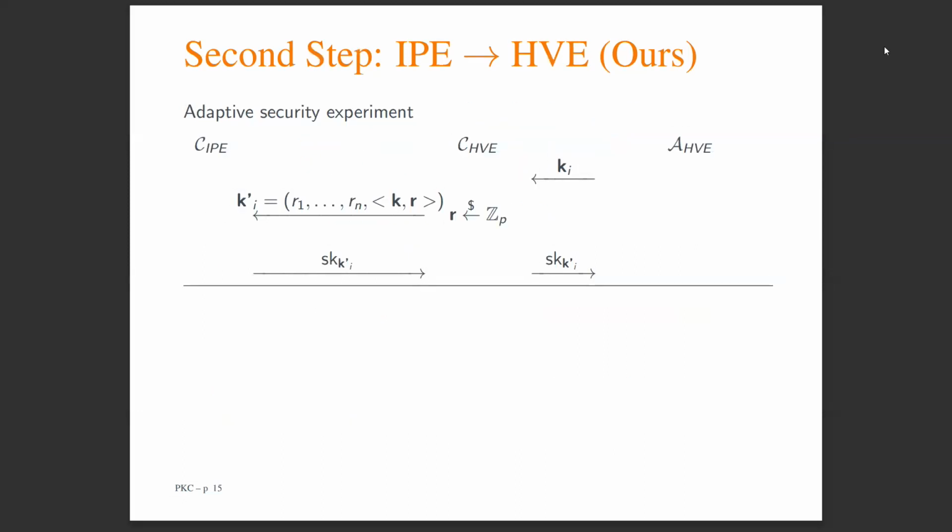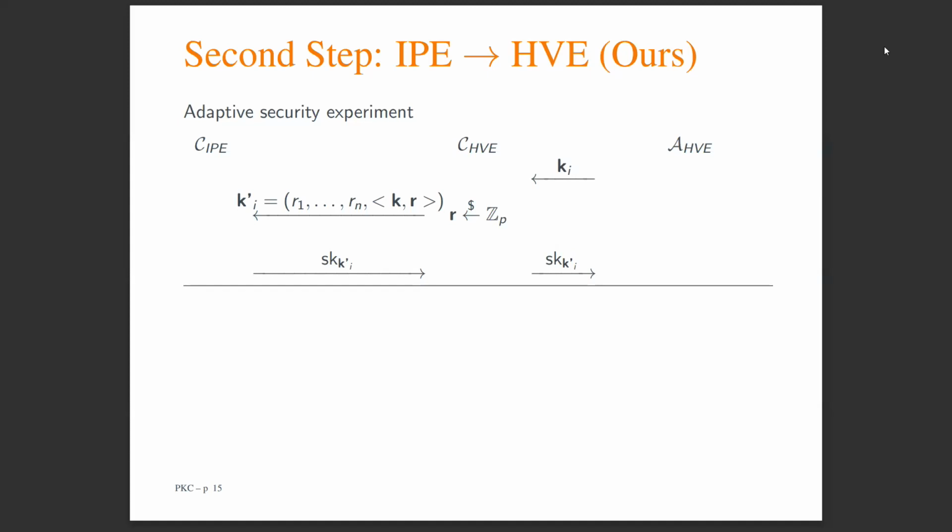Because if we look at this transformation, what we have is that at some point the adversary makes some queries in the hidden vector experiment. And these queries are transformed by our reduction, which adds some randomness. And then the adversary receives the secret keys corresponding to K prime. And the problem is that each of these secret keys carries information about the randomness.